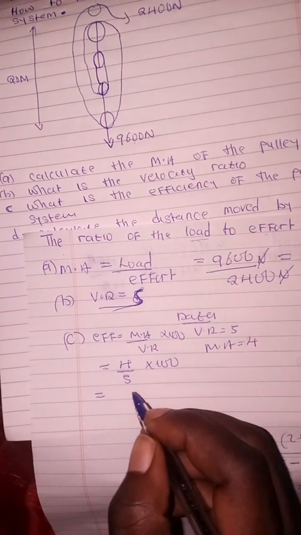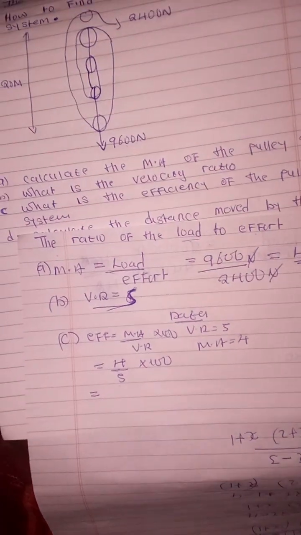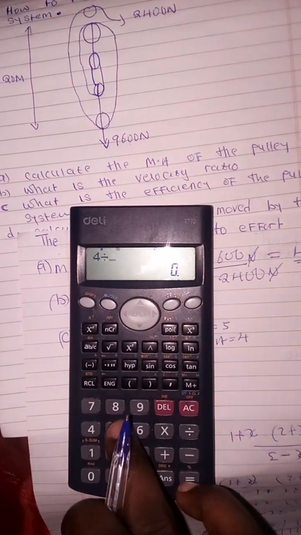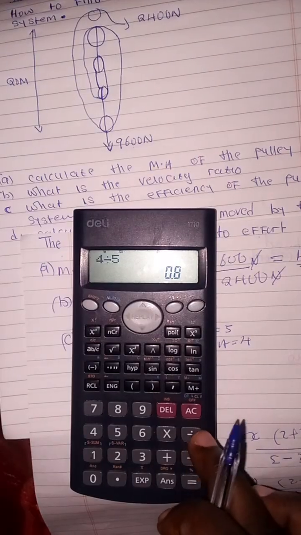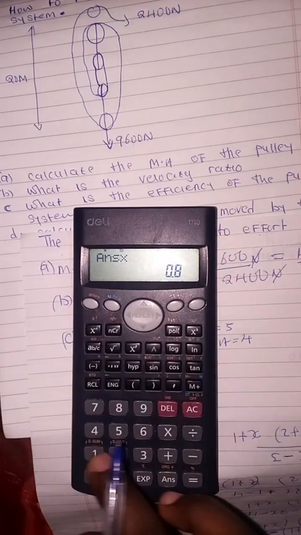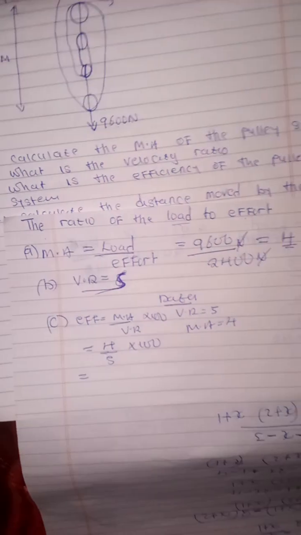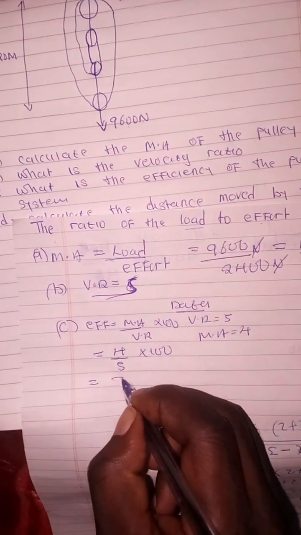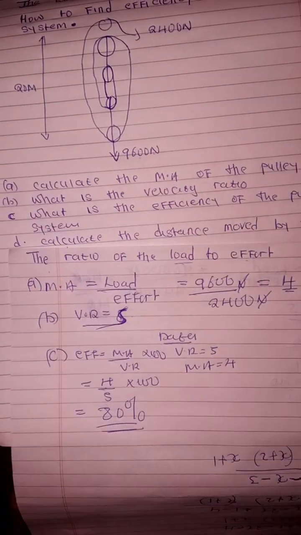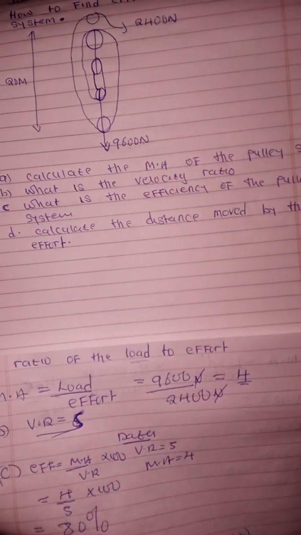So what is 4 divided by 5? 4 divided by 5, then times 100. It gives you 80%, as you can see. So 80% was the efficiency.